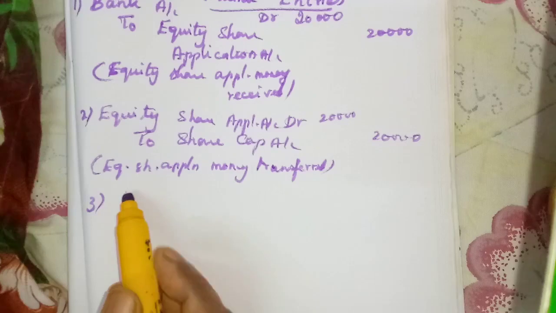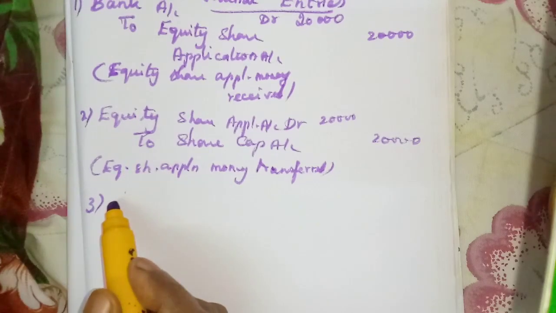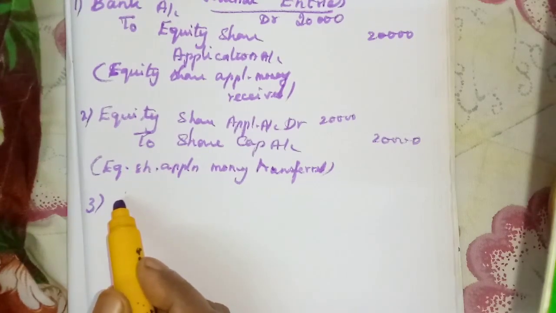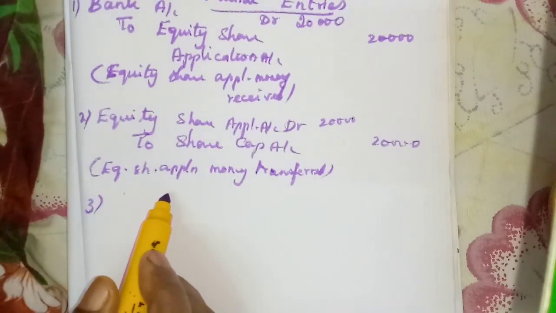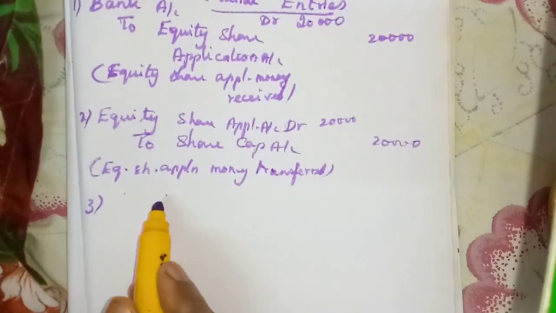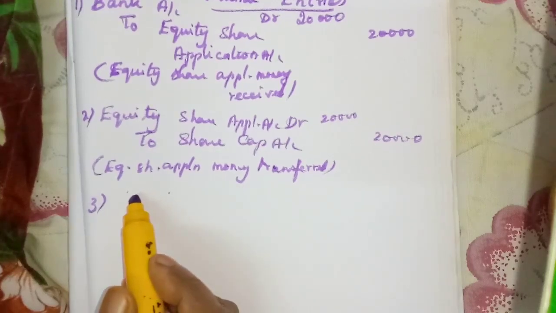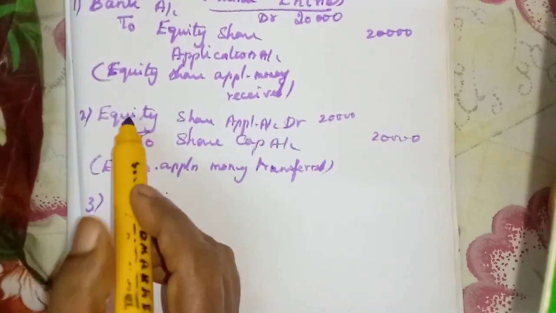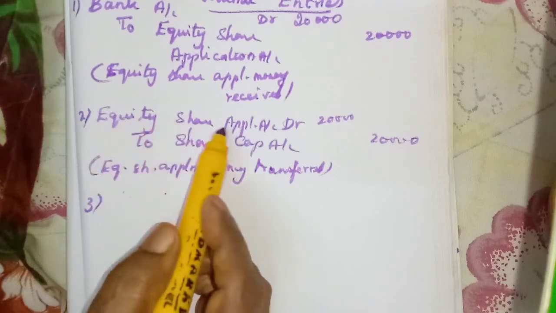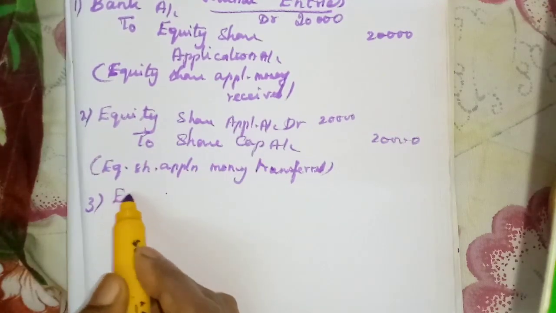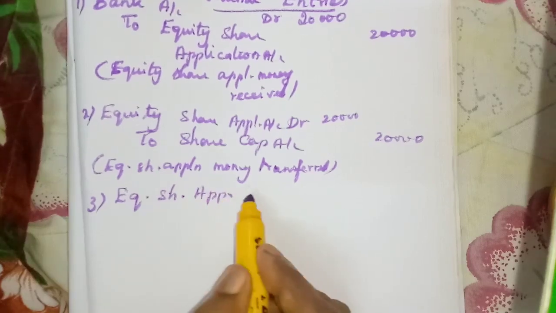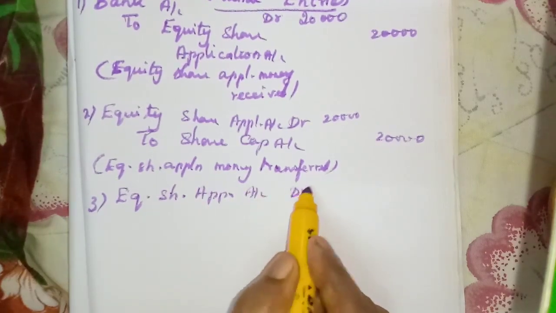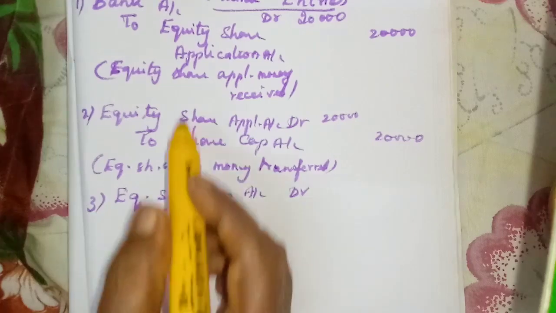Then if we refund any amount, that is, if we receive more applications than what we have issued to the public, the excess share application money must be refunded. So the same thing: equity share application account debtor to bank account, the opposite of the first entry.